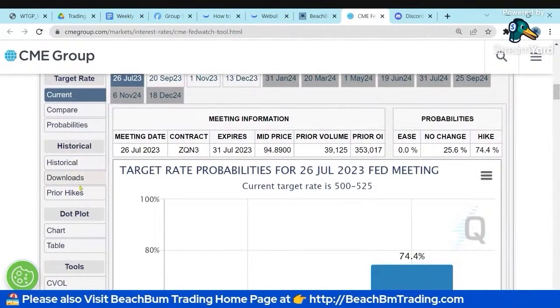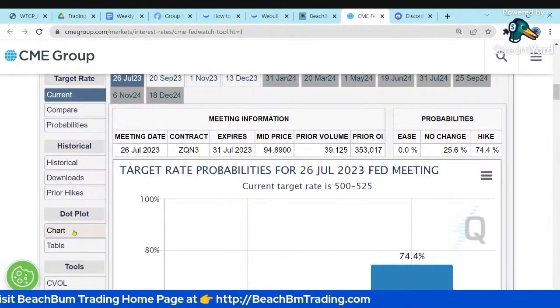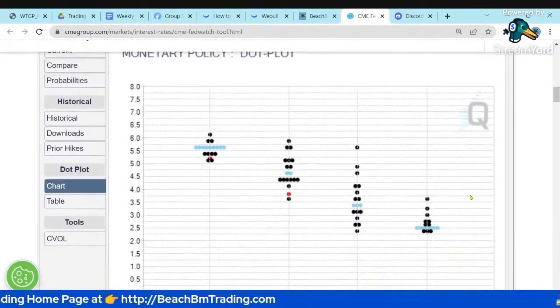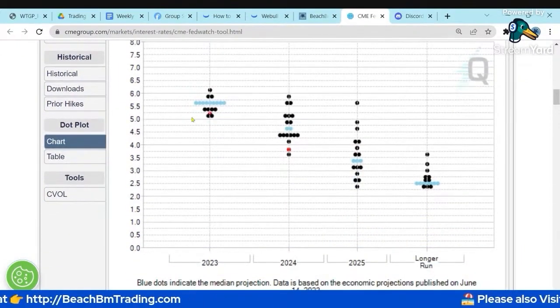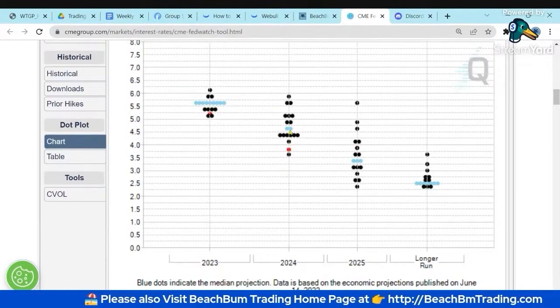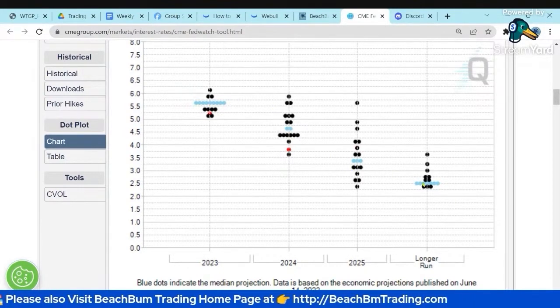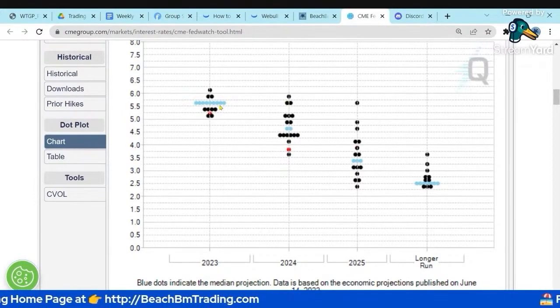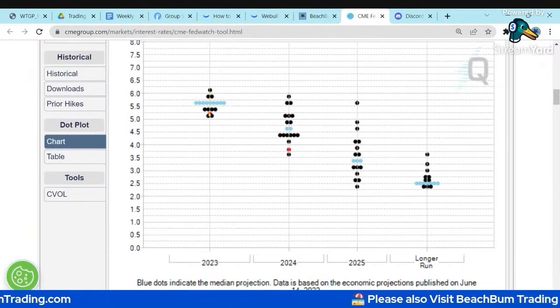So let's see where their dot plot is. So again, 23, 5.5 to 5.75, dropping in 24, dropping in 25. But again, it's been pretty steady now between 5.5 and 5.75, 5.6.